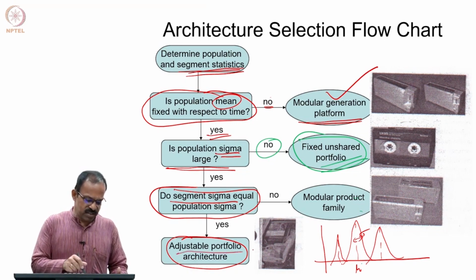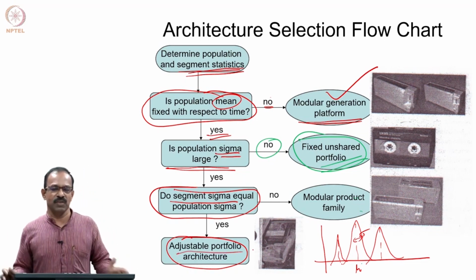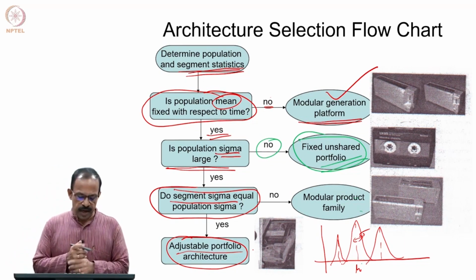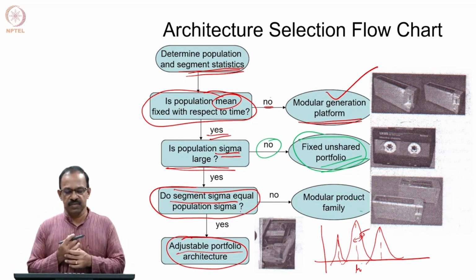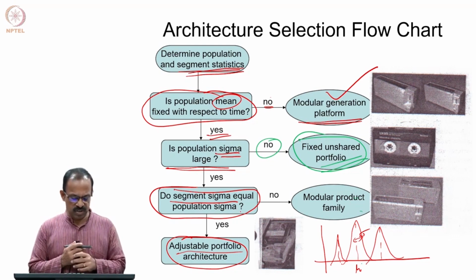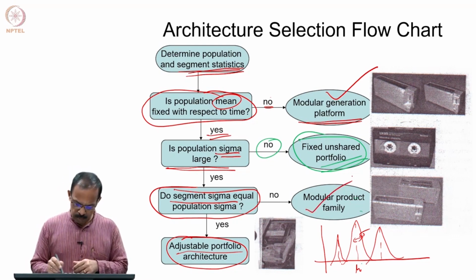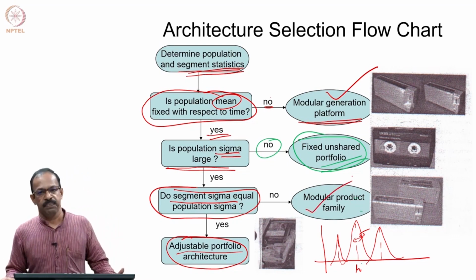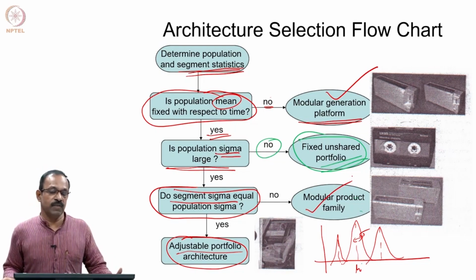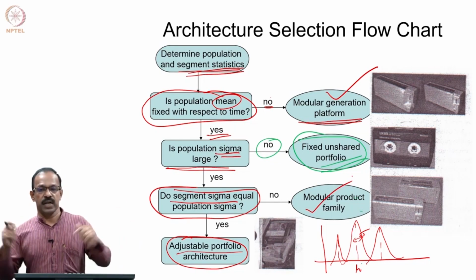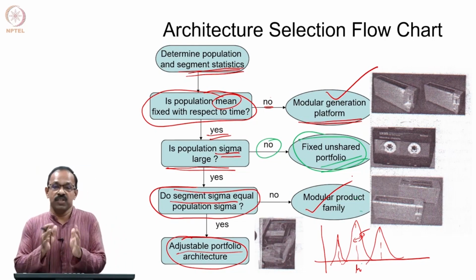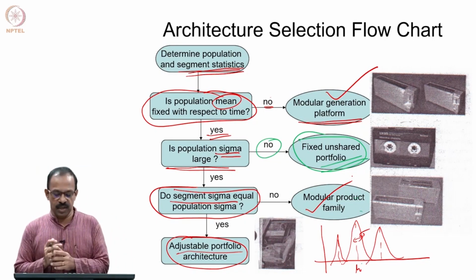That means you can adjust the architecture depending on the customer requirement, where large variation is possible. And if the segment sigma is not equal to population sigma, then we go for a modular product family. A modular product family will be preferred when the population sigma is very large, but segment sigmas are small.